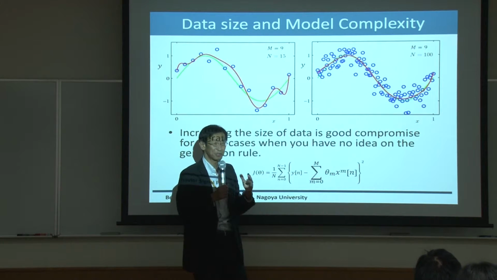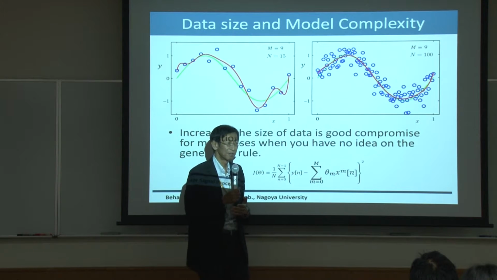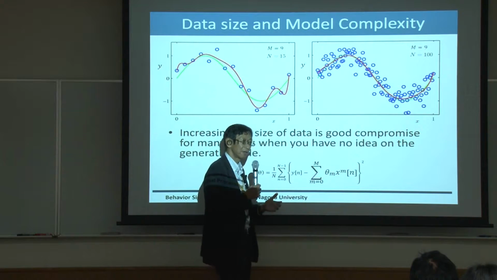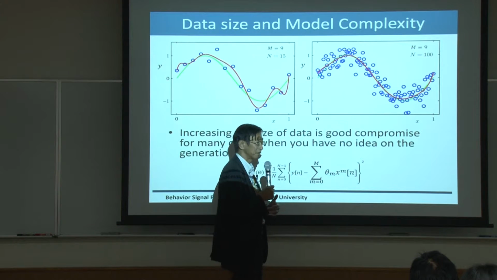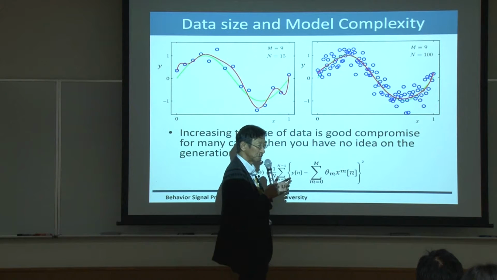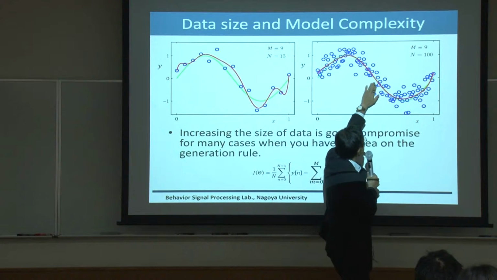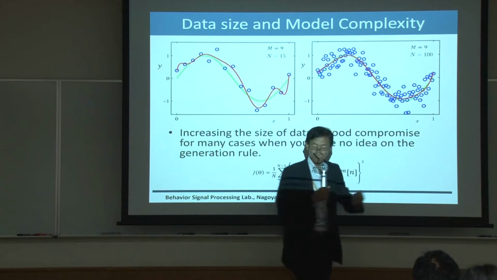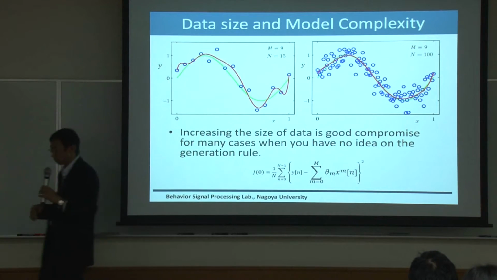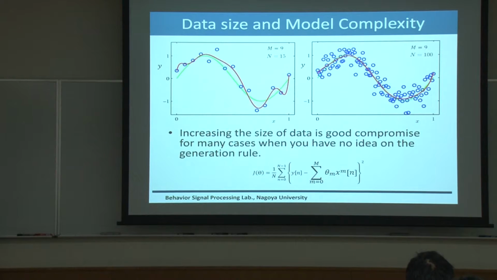So if you are not sure, you can repeat the observation, experiment, or survey. That's a very important thing to get a relevant result or simpler rule. In this case, m is equal to 9, which means that the complexity of the model is just the same as this.